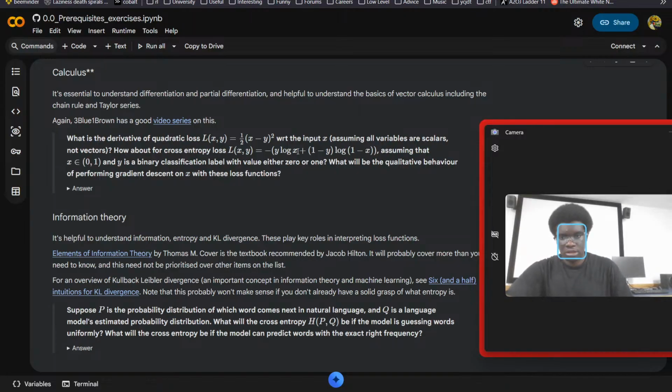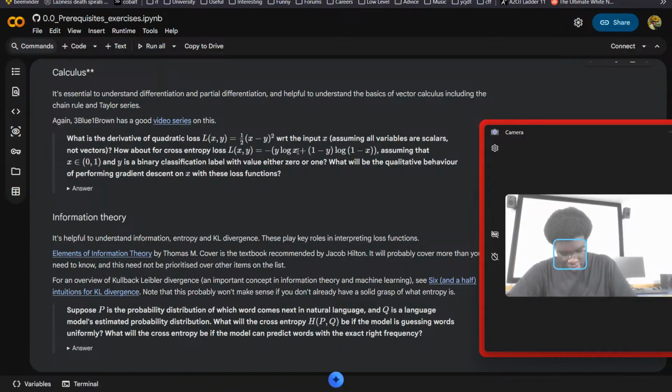Okay, and then for cross entropy, partial L partial x equals partial by partial x of minus (y log x plus (1 minus y) log(1 minus x)), which equals minus, and then put that all in brackets.